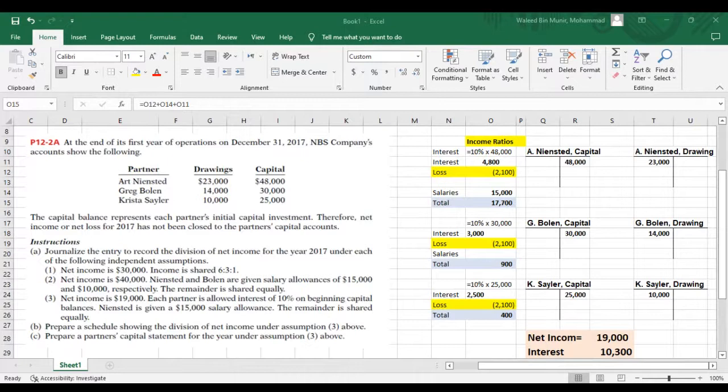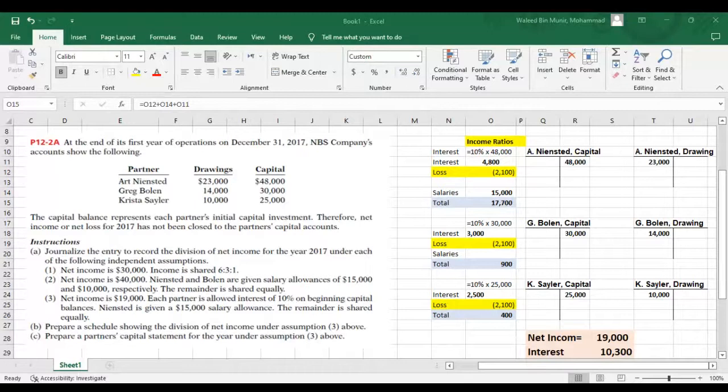It's clear, doctor. Everyone, it's clear how we calculated 17,700 for the first one.